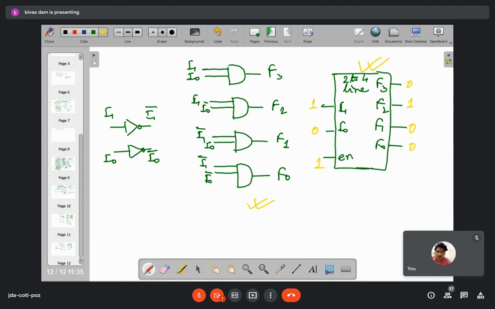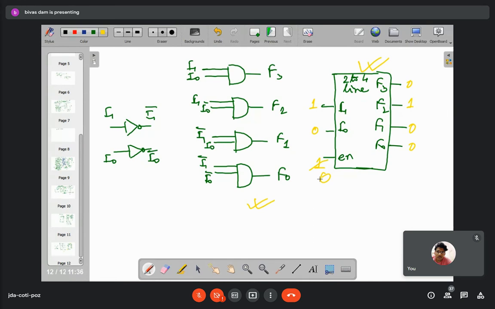But in case this is 0, then though I1, I0 is having one valid combination, none of the output will be active. That means the decoder will not function. The decoder will not give us the intended result because the IC itself is inactive, is disabled.